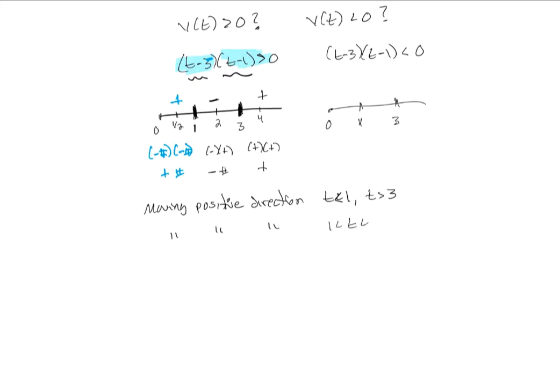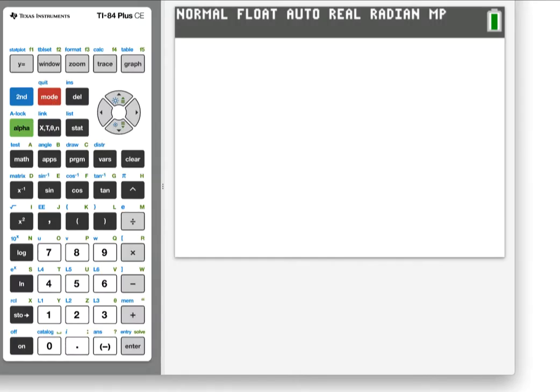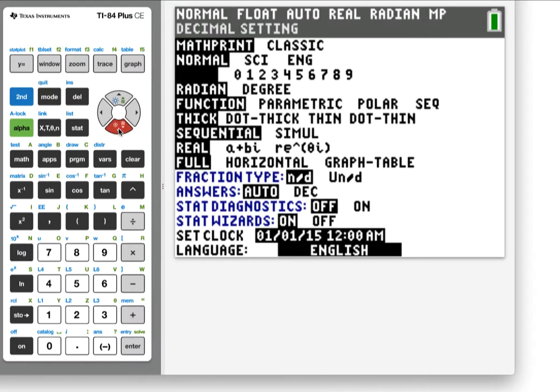So what I want to do at this point is take out some technology. Let's graph this position equation to see all this information that we're finding in a visual, graphical manner. When I bring up my TI, here's how I'm going to approach this problem. I'm going to change to parametric mode, and this is going to allow me to see a little better the direction that we're traveling.